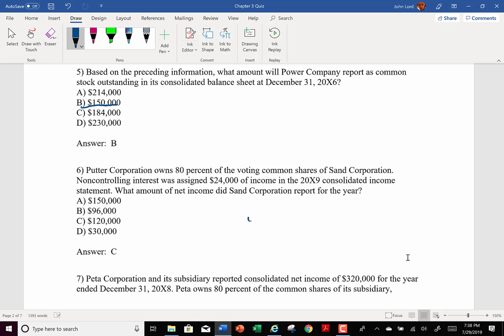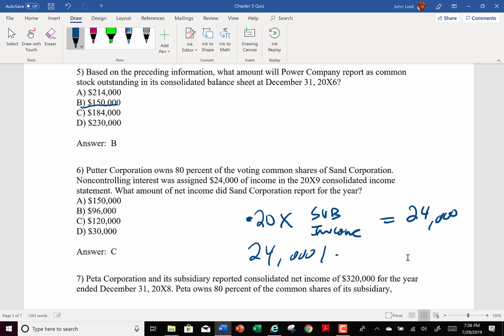It's going to be 0.2 times sub income equals 24,000. Divide each side by 0.2, and that should give me 120,000.